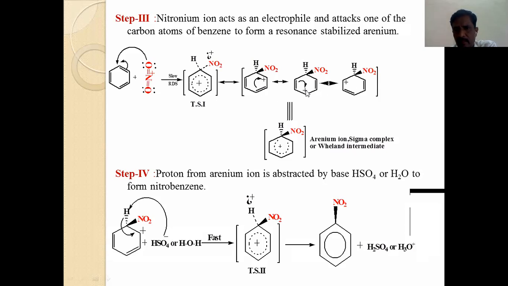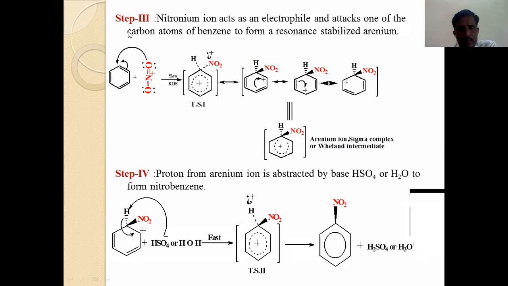These three are the arenium ion, or you can call it the Wheland complex. Lastly, these three can be denoted by one structure, the resonance hybrid structure of this intermediate. You can call it the arenium ion of nitrobenzene, or sigma complex, or Wheland complex.